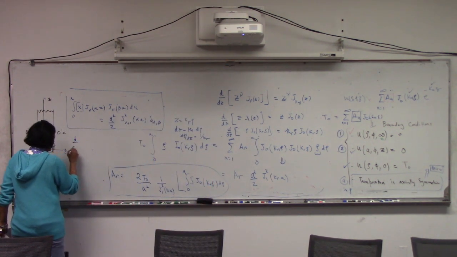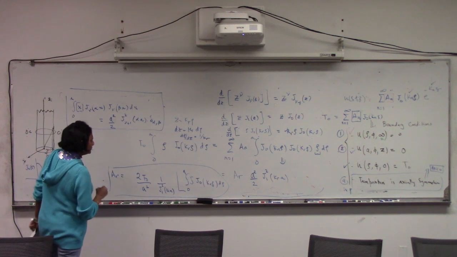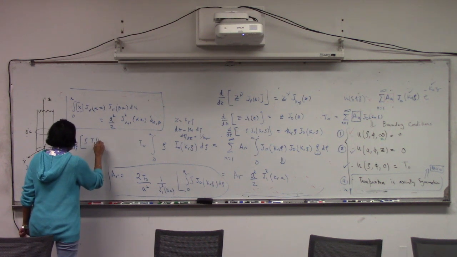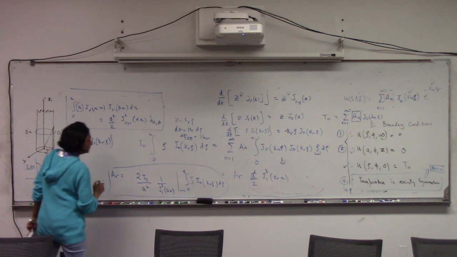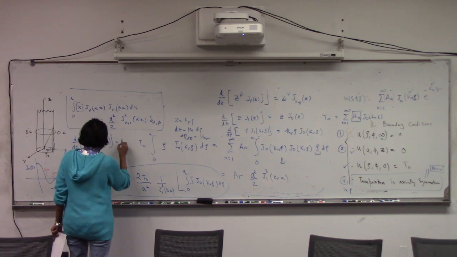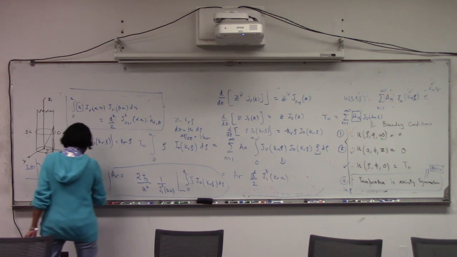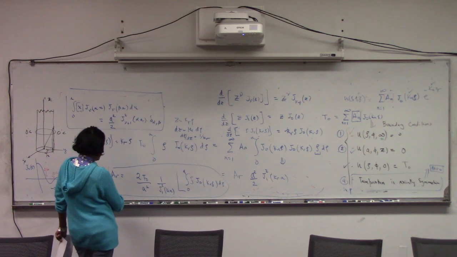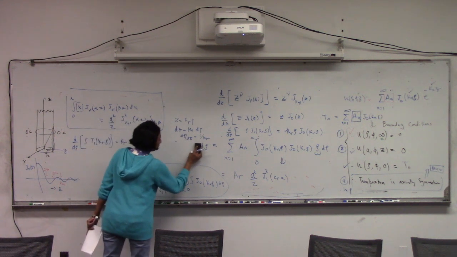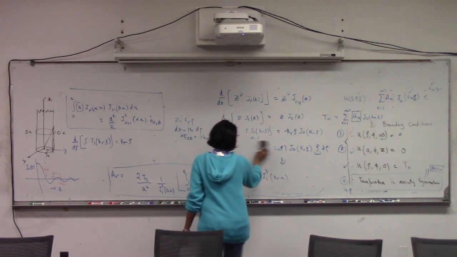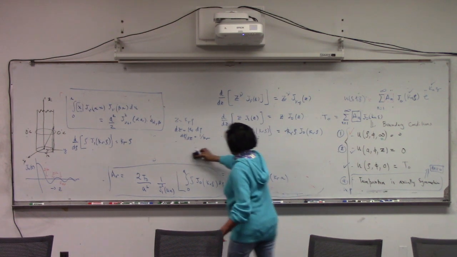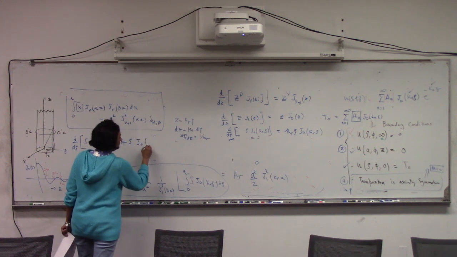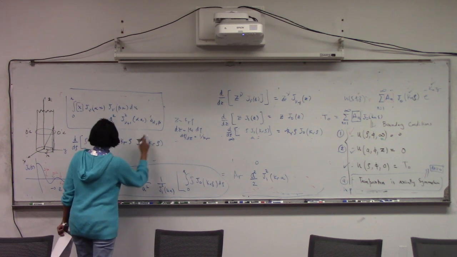I have d over d rho of rho times J1 of kr rho, and this expression is nothing but kr rho times J0 of kr rho.